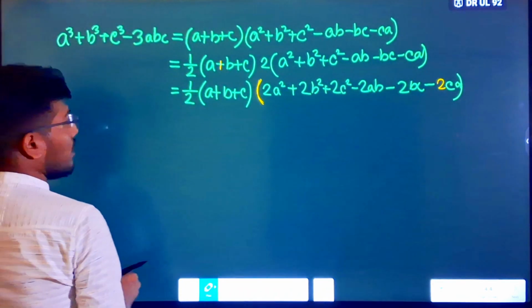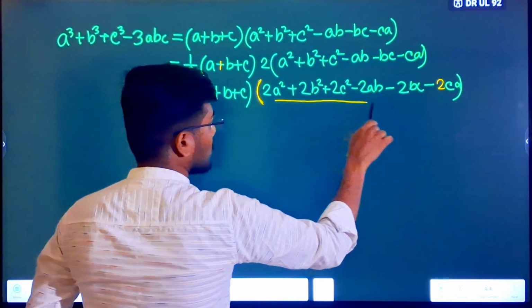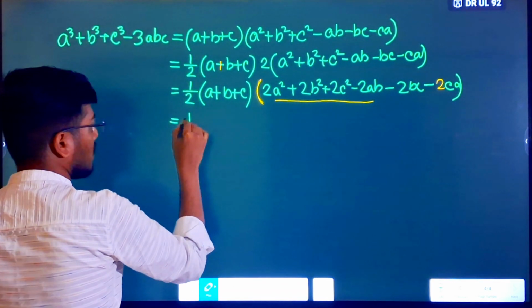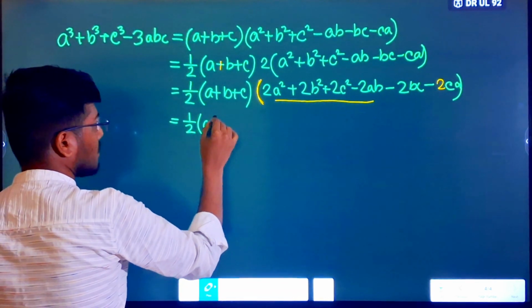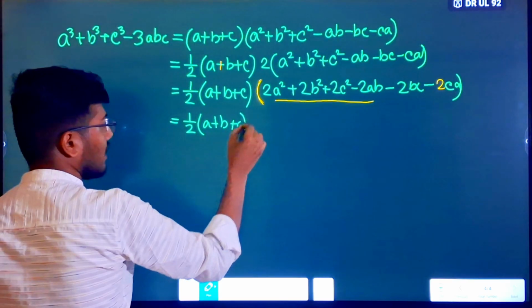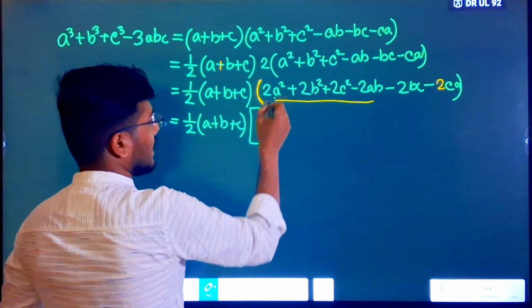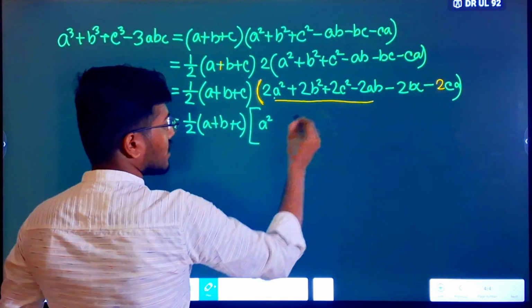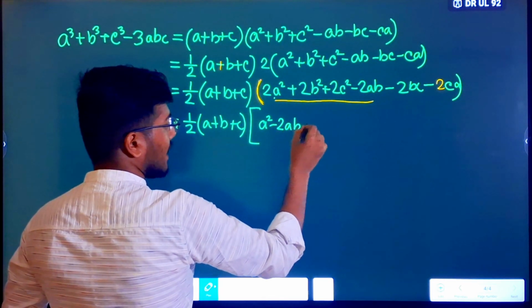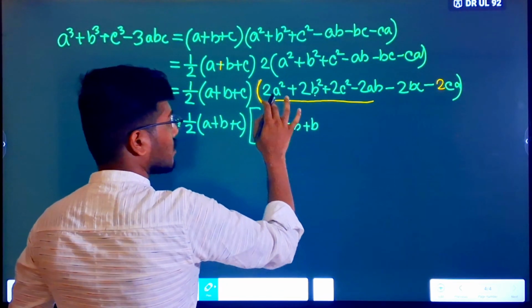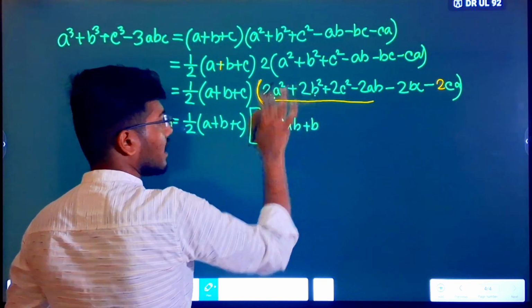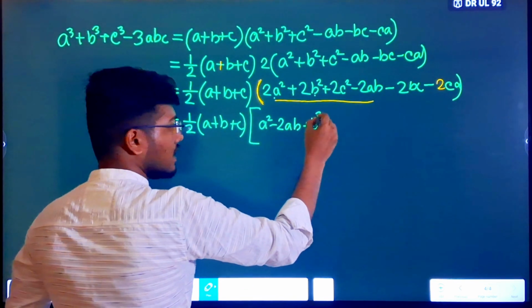Okay, now you rearrange this portion. At first write down the half, a plus b plus c. Next you take a third bracket. At first one thing you have to notice: take a square from here, minus 2ab, and take one b square from here. Done. So here one a square is remaining, here one b square is remaining. Clear? It is b square.